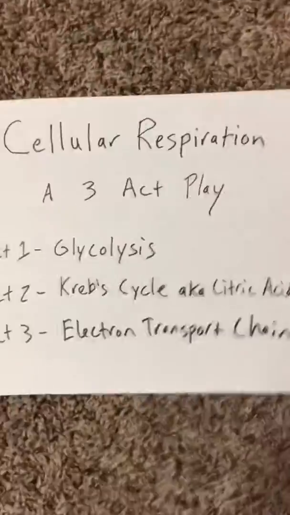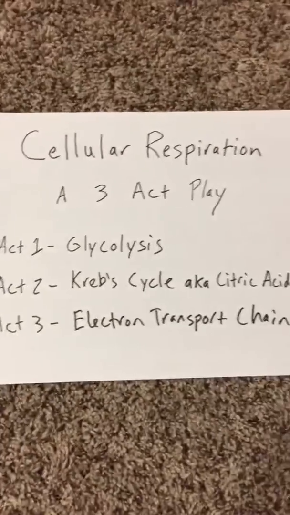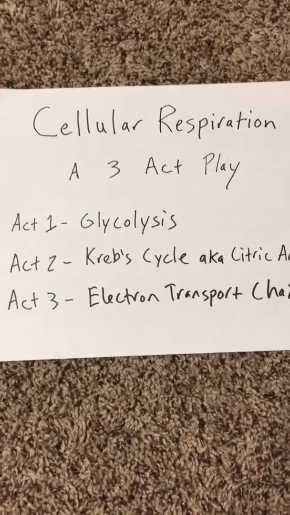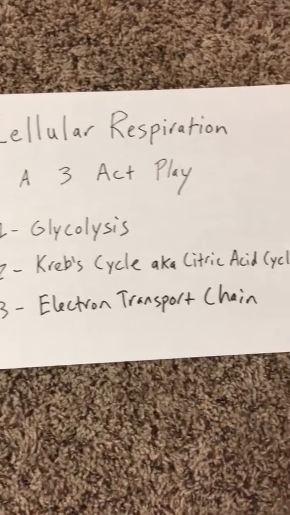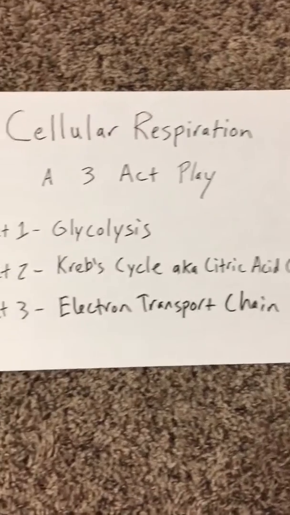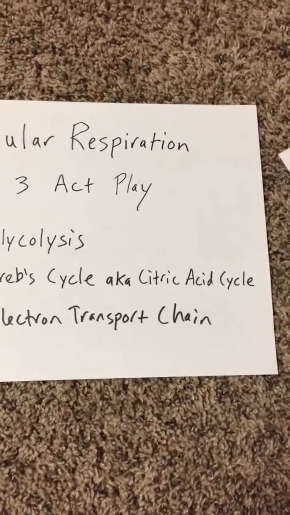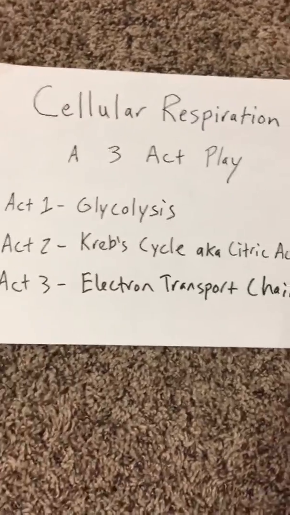So, quick review. We talked about cellular respiration, 3 acts. Glycolysis, which does not need oxygen. The Krebs cycle. And the electron transport chain. We got our 30 to 32 ATP.